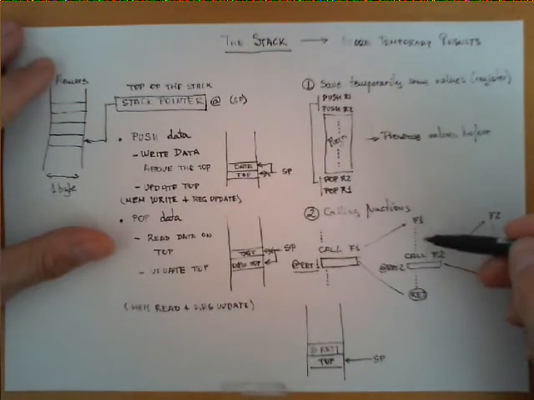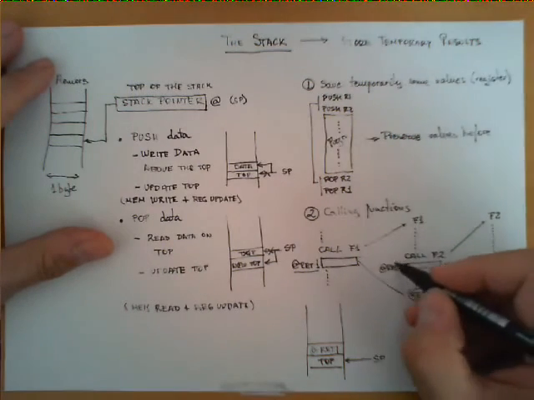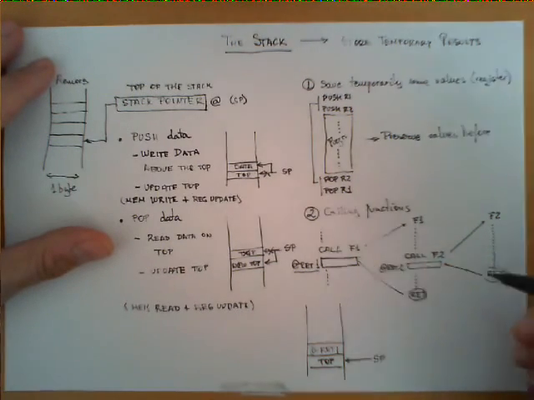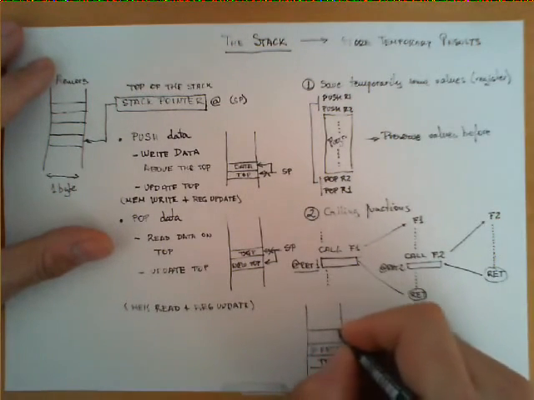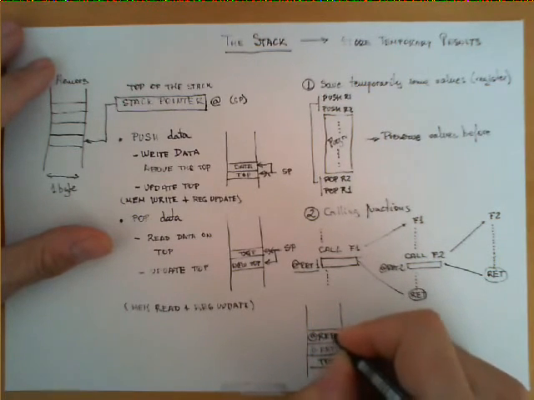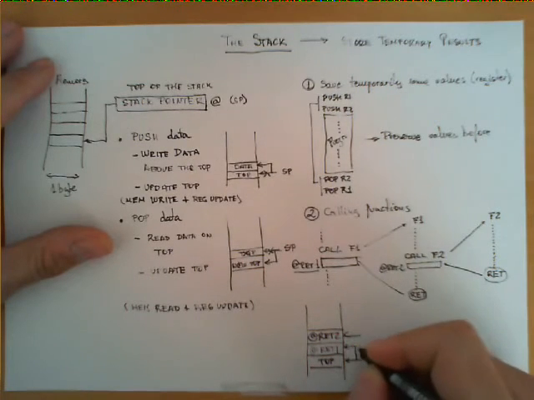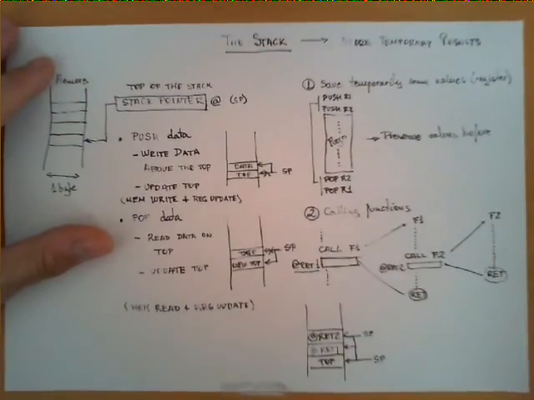And I proceed freely to execute this function. Now this function itself calls F2, and it needs to write down somewhere that it has to return to this instruction. So I use the same trick and I put it on the stack, address return 2. Okay, so this value of the stack pointer is evolving until it gets all the way here.